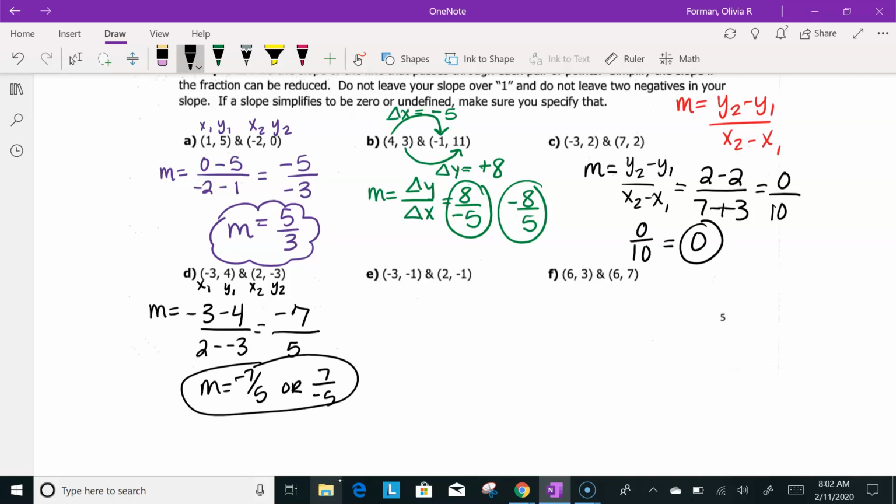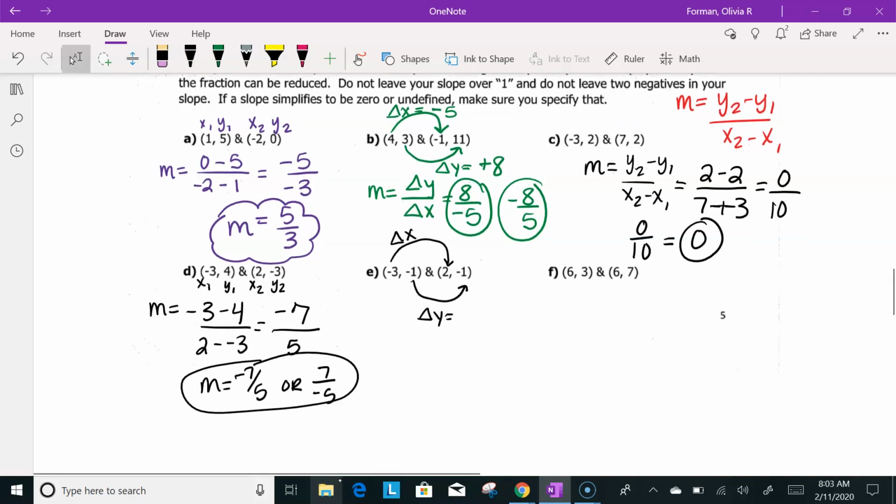Letter E, I'm going to go back and do my change in y and change in x. One thing to keep in mind here, you will notice that I go from the first point to the second point with my arrows. You want to stay consistent there. So if you start with the first ordered pair to the second, you want to continue that with both x and y.